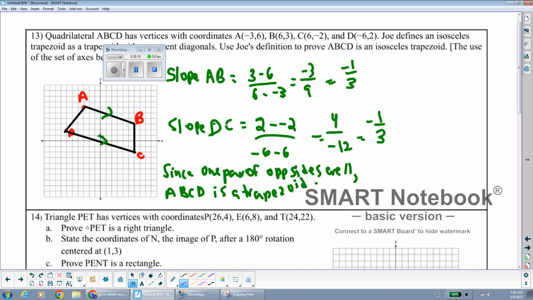So this is enough. Okay, so now proving that it's isosceles. You can prove either the legs are congruent or you can prove the diagonals are congruent. I'm going to just do the length, I guess. So with that, AD, I'm going to find the length of AD using the distance formula real quickly.